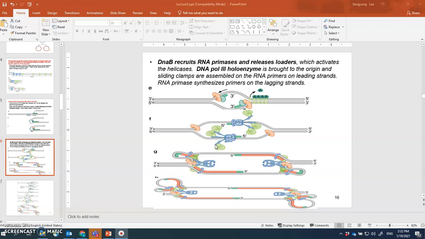So there's a leading strand sequence, and it's going to be leading strand replication here. There's a primer there, and DNA polymerase grabs the tail of the primer and synthesizes the leading strand. It's going to continue as soon as this is opening up.